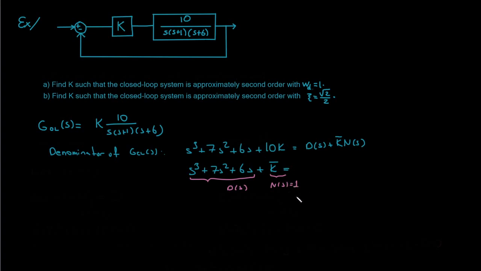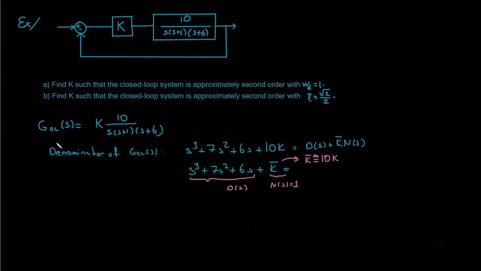If I can write it in this format, d of s plus k bar times n of s equals 0, I can sketch the root locus if I know the roots of n of s and d of s. And let's define k bar as equal to 10k.